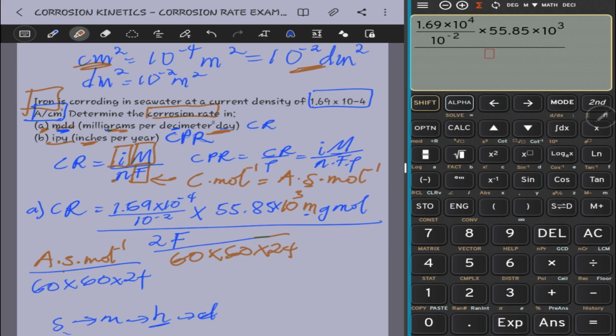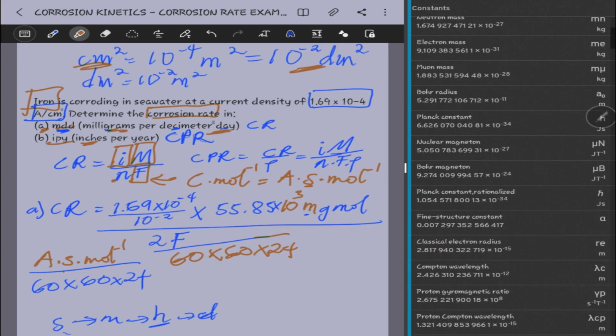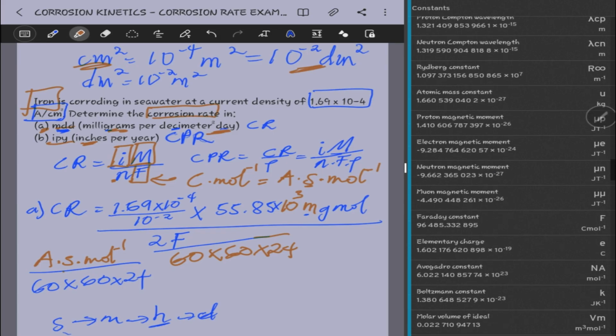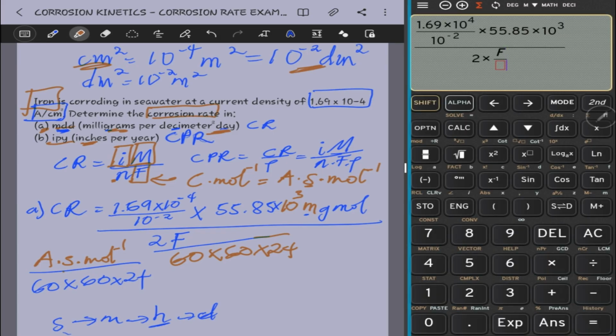At the bottom, I have 2, and Faraday's constant, and divided by 60 times 60 times 24.